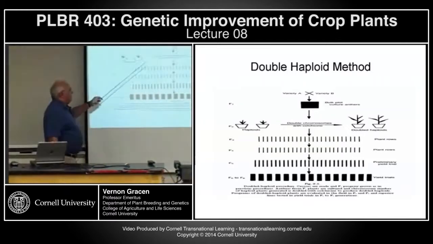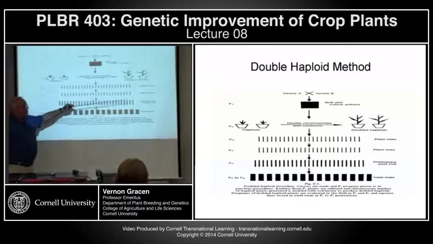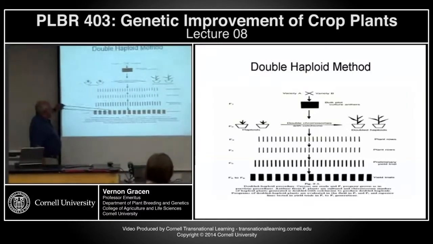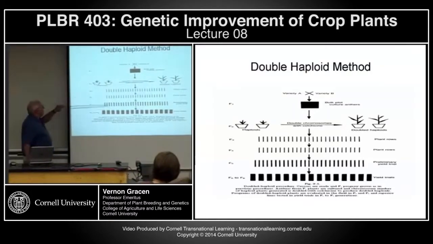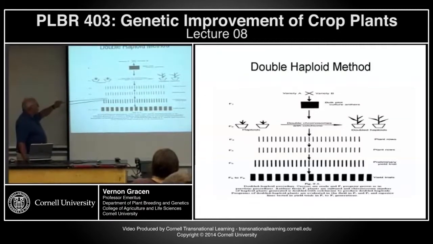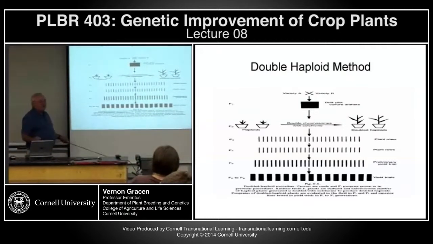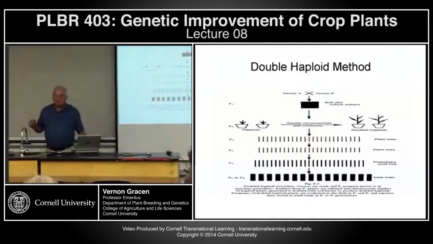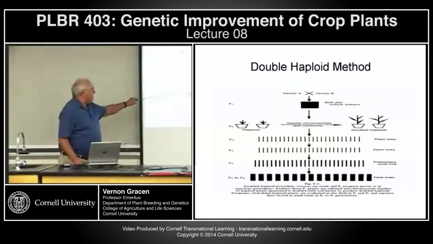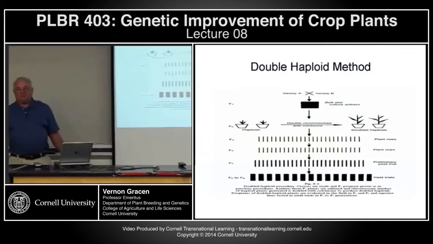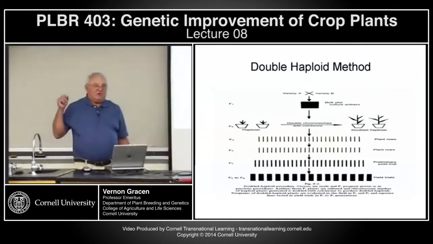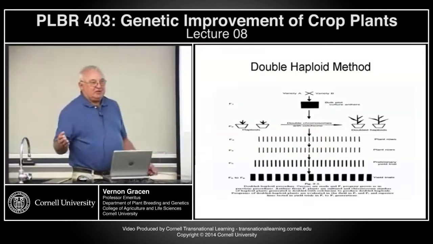So it speeds that process tremendously so that you can start doing your selections, and even though we say this is F3, 4, 5, actually what you get is the F1, the double haploids. You go 1, 2 generations of selection of the best plants among those double haploids, and you're up to an F5 generation. So a very, very rapid way to get back to homozygosity.